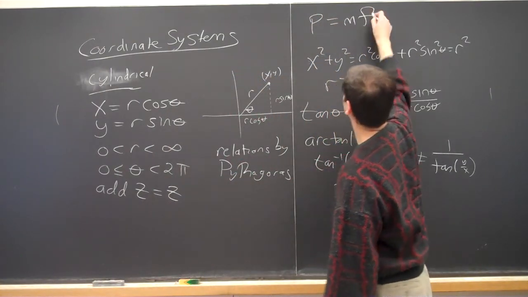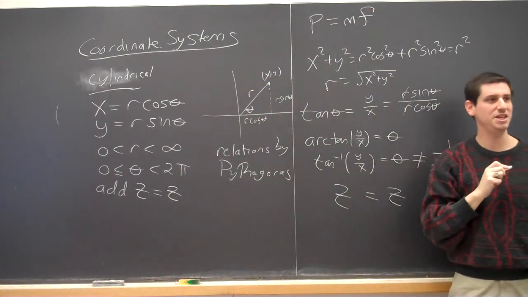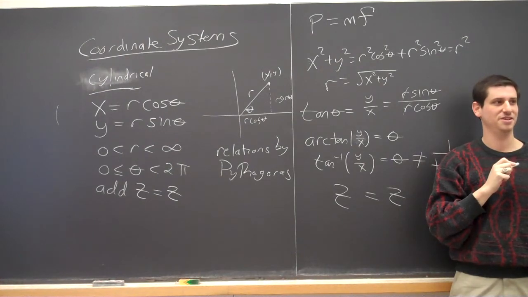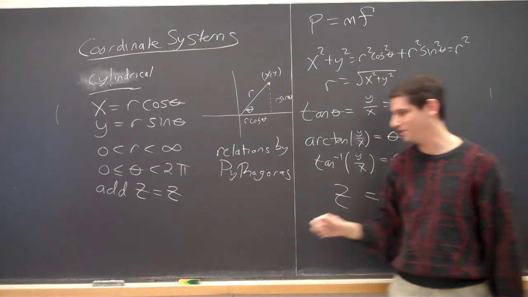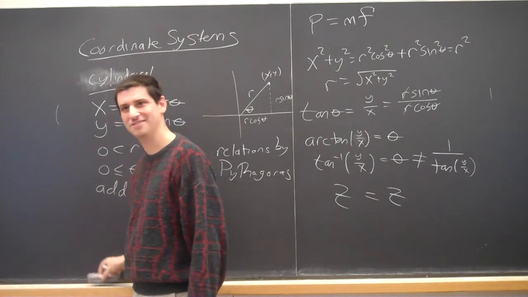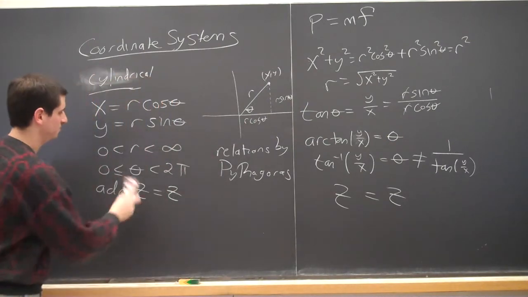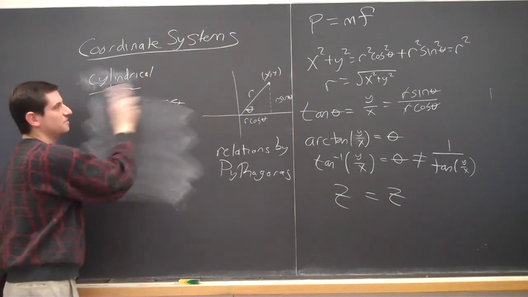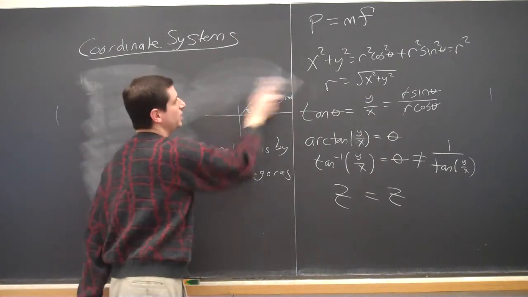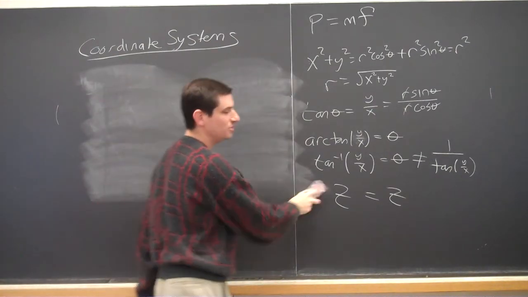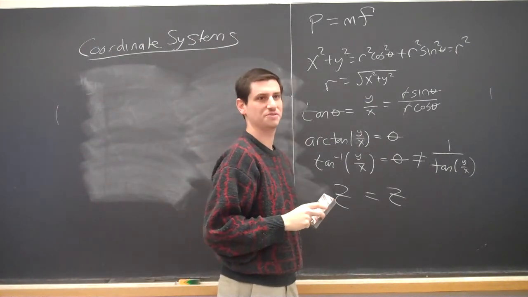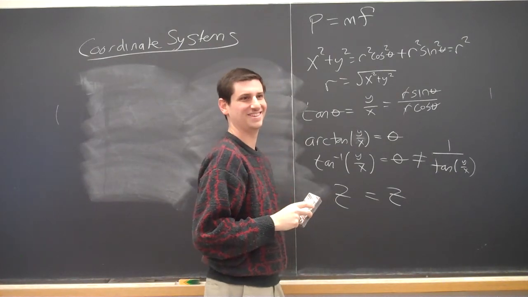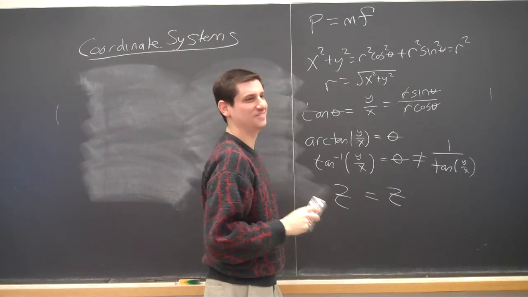Have I shown you this? P equals mf. This is a famous equation from physics. Any thoughts? I'll tell you what any of the three letters means. What letter do you want to know? P is force. Acceleration.